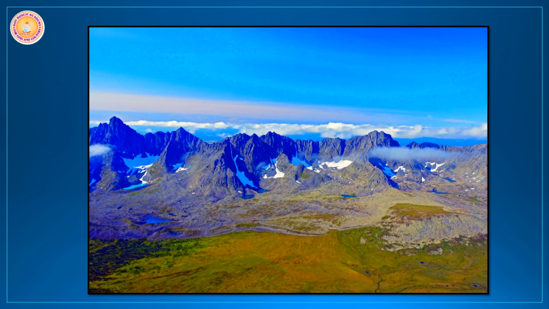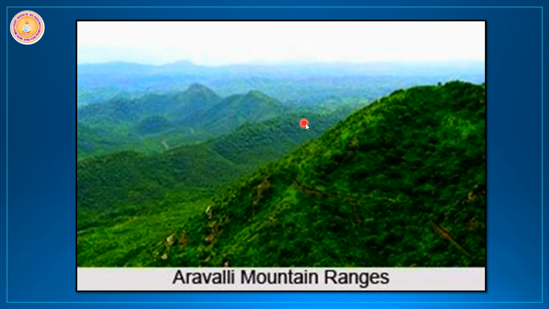These old fold mountains are no more having pointed peaks. Instead, they are having lower heights and their tops are sculptured like domes.